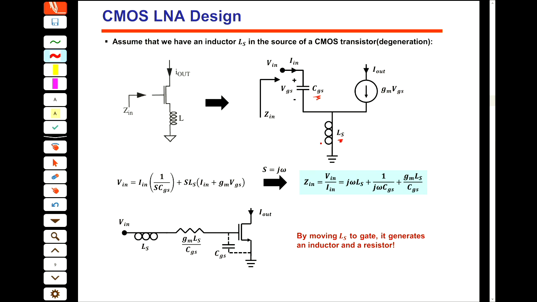We have this LS in the source, and this is the current which is coming. So the voltage in is the voltage across this one plus the voltage across this one. The current passing through the CGS is I in, so this is the voltage VGS, and the current passing through this is I in plus GMVGS. Okay?